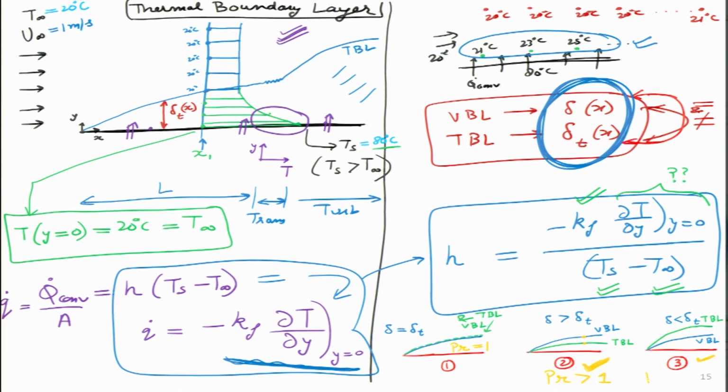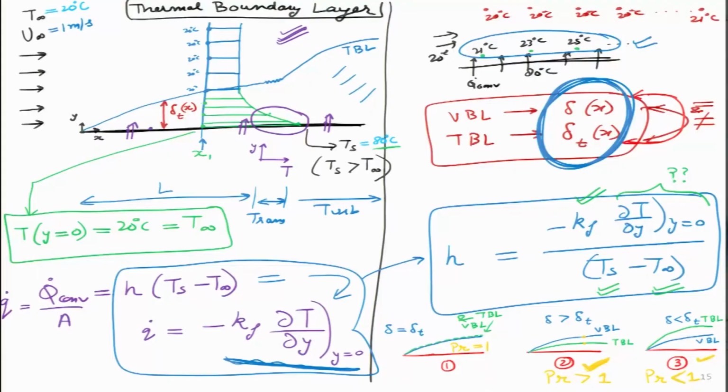So, immediately we can say Prandtl number is much less than 1. Why? Because the fluid must have very good thermal conductivity. If something has good thermal conductivity, heat will travel faster than the change in momentum that takes place there.